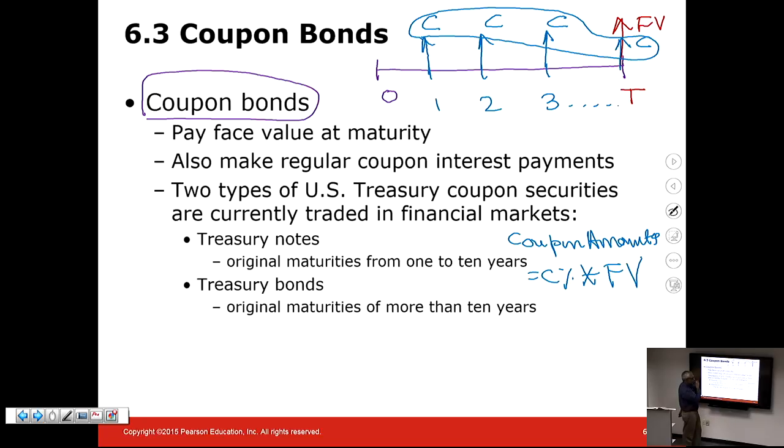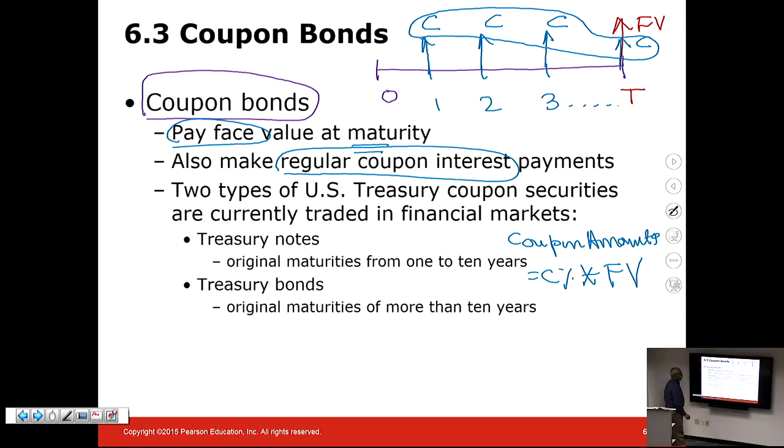So if the coupon rate is 5% and face value is 100, then each of those cash flows of C is $5. In other words, in addition to paying back the face value at maturity, it will pay regular coupon interest payments over the life of the bond.